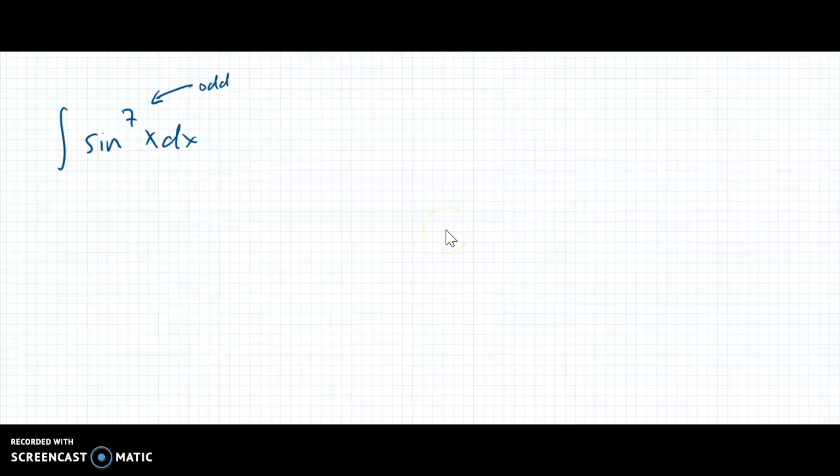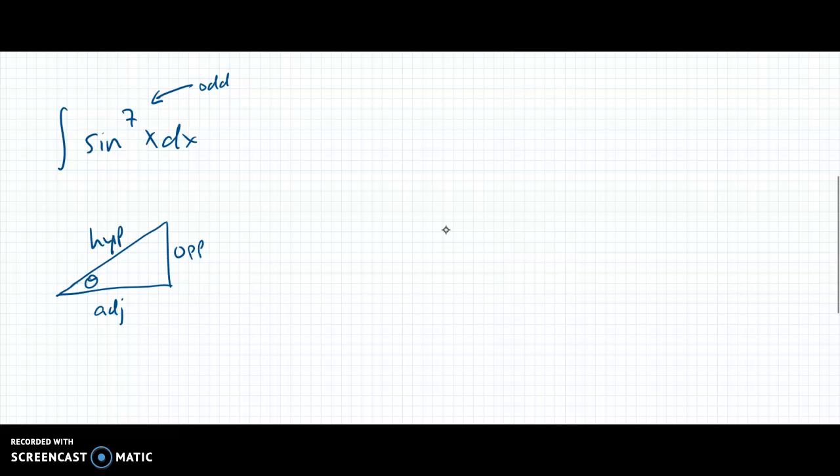In order to do this, we need to go back to pretty much the most important trig identity that exists. I'm going to prove it for you right now because it's so important. If this is a theta, and this is an opposite side, and this is adjacent side, and that's a hypotenuse, and I'm going to just use the letters O, A, and H, then we can, oh, and I should mention, this has to be a right angle there.